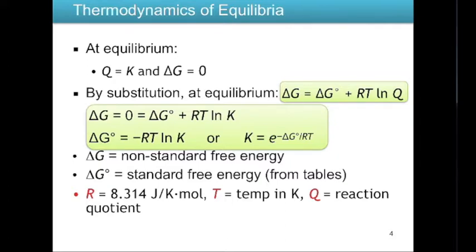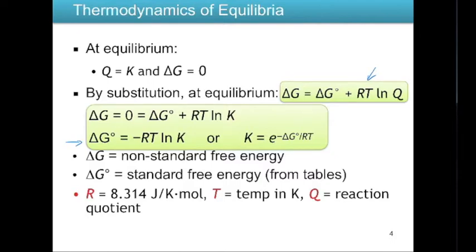So from the equation shown on the previous slide, if we substitute 0 for delta G because the reaction is at equilibrium, we end up with another equation: delta G naught equals minus RT times the natural log of K, or if we rearrange it, we can solve for the equilibrium constant.